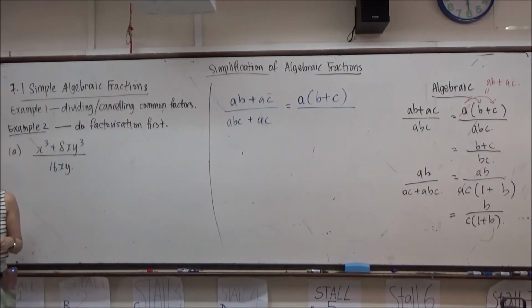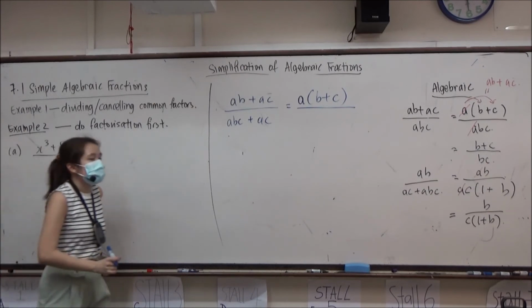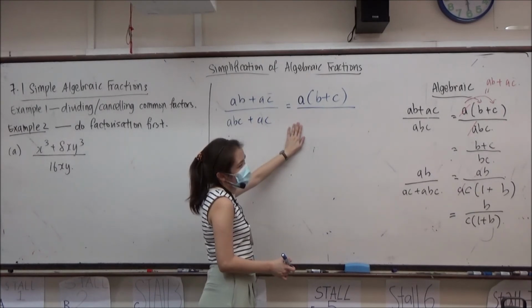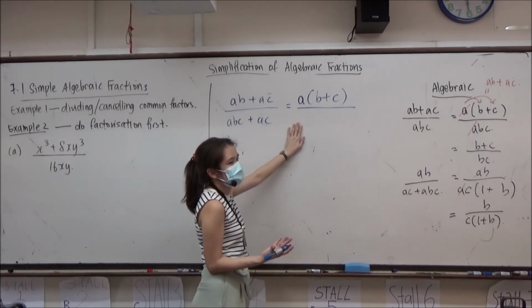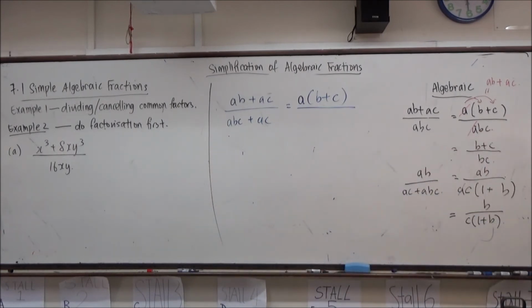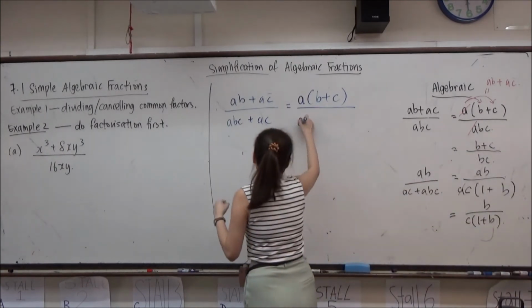What about in the denominator? ABC plus AC. Actually, what do we get? What can we take out? Take out AC, yes, very good. You are right.